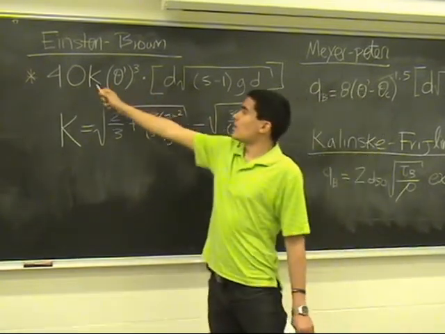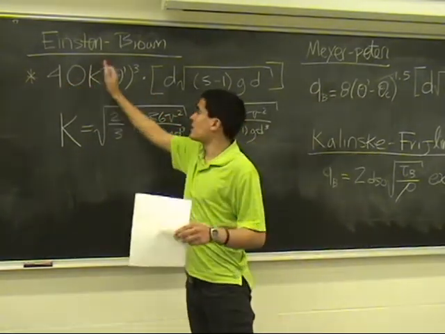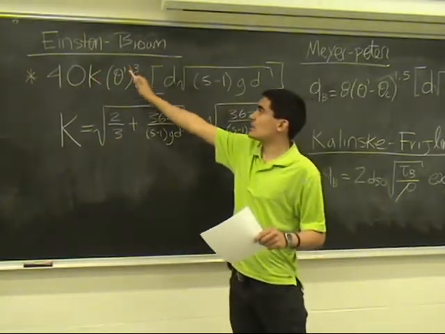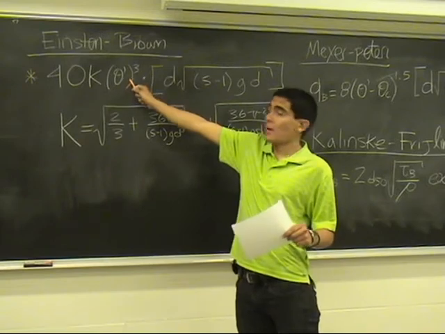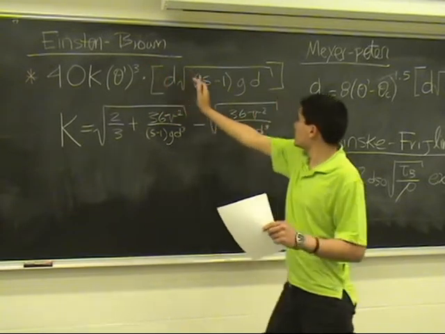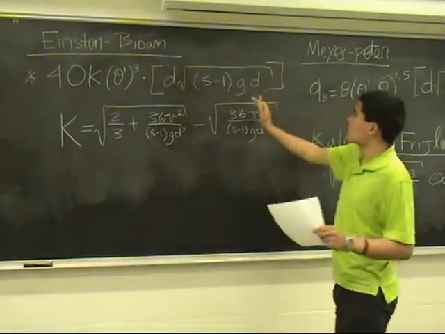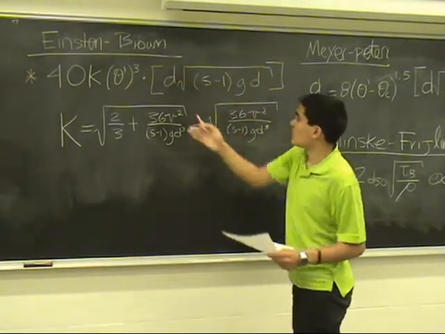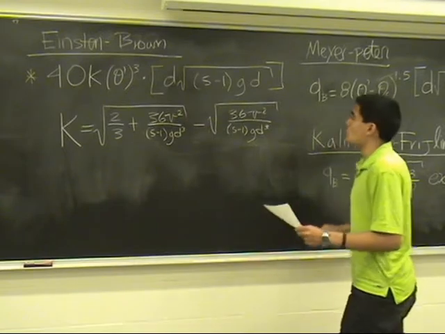So we have 40 times this K value, which is defined here, times the effective Shields parameter to the power of 3, times this term here, which is just a diameter d50 of our system and our specific weight.